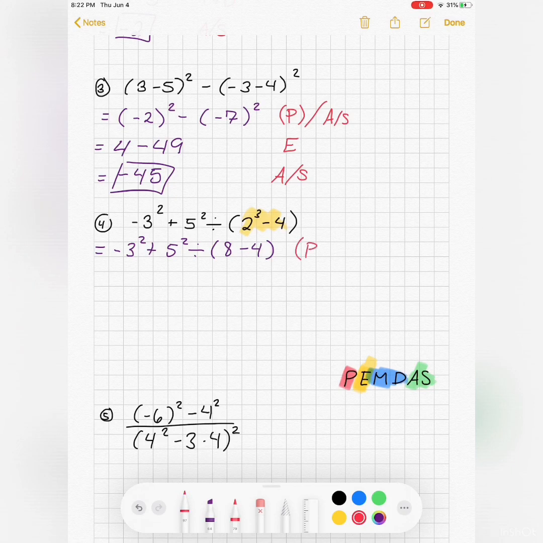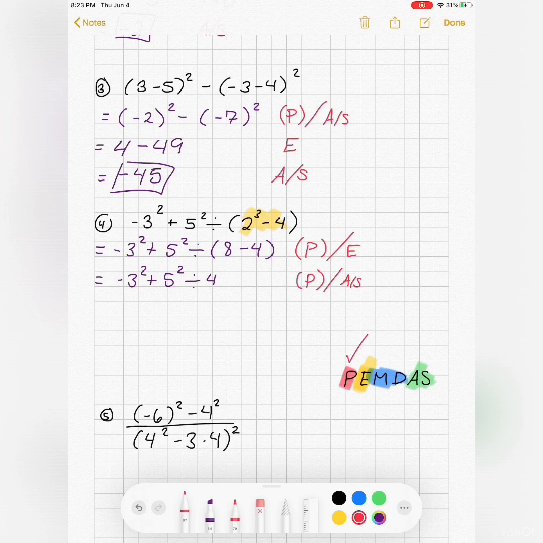So in this step, I looked inside the parentheses and I applied the exponent. Okay? Then I continued, I'm still working inside the parentheses. 8 minus 4 is 4. So I can drop that parentheses. Okay, so what did I do in that step? I was still inside the parentheses. I did my addition subtraction.